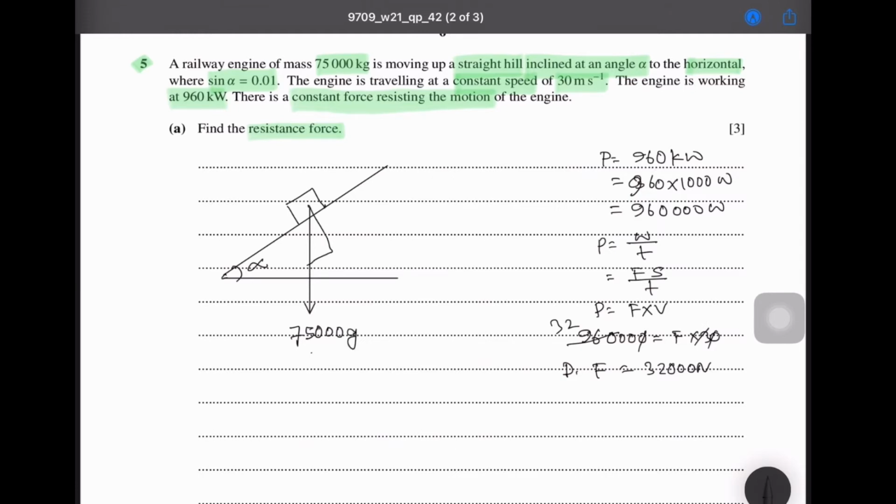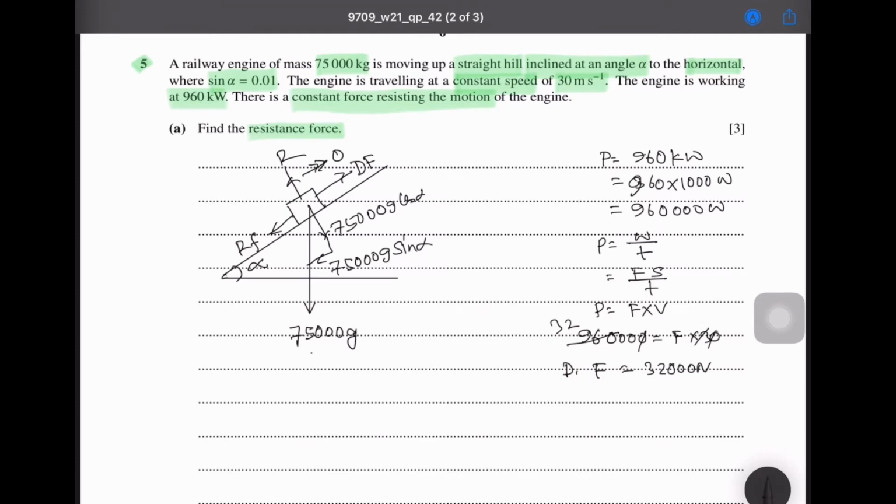Resolving this direction, this is 75,000 g sin alpha, and this side will be 75,000 g cos alpha, and there will be driving force, and there is the resistive force, RF for resistive force, and there will be normal reaction. Now since this is constant speed, acceleration will be 0.